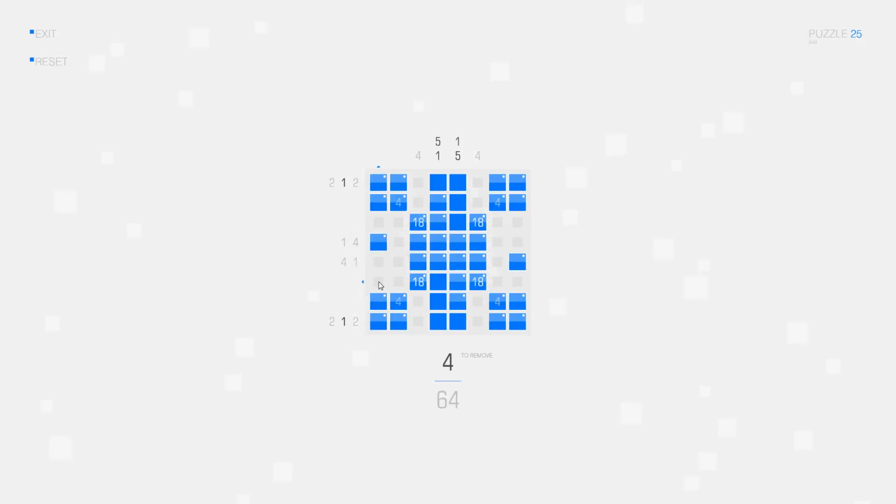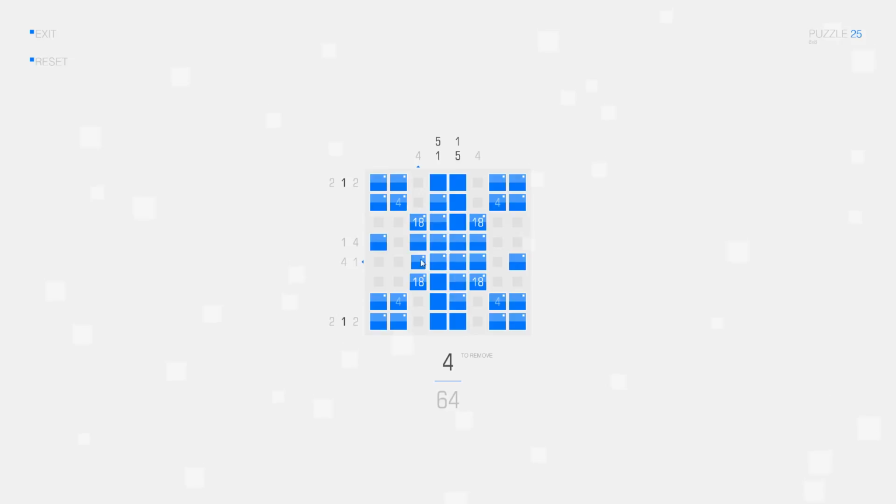Okay, now just by looking at the side clues, again, I can't really move forward because I don't know where to put them, right? So what I have to look at first of all is the number of squares that are already in this group of 18 squares. We have 1, 2, 3, 4, 5, 6, 7, 8 squares times 2 because we have a symmetry here.